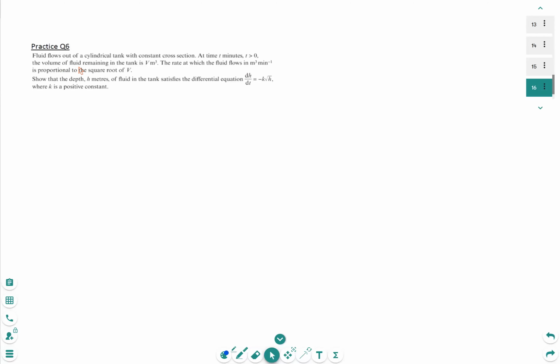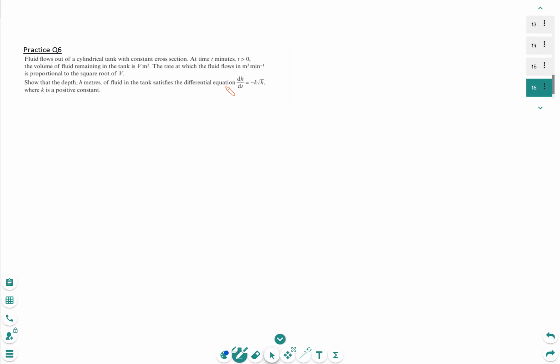Right, so let's go through. Fluid flows out of a cylindrical tank with constant cross section. Flows out means negative, right?